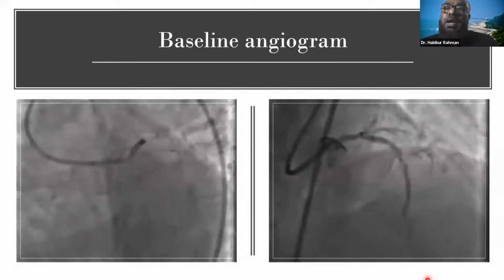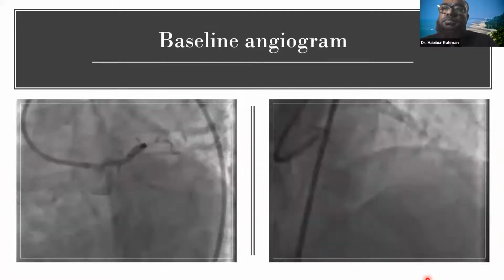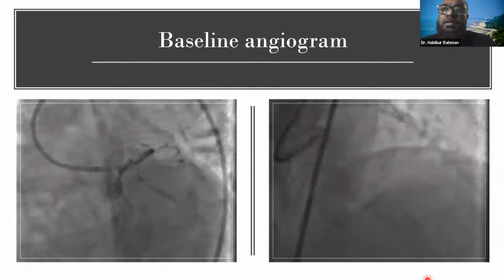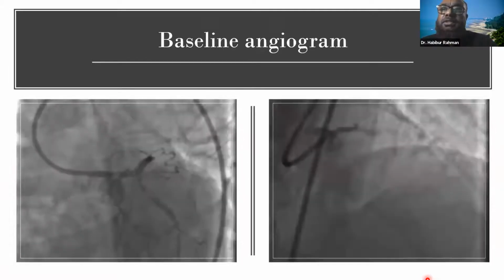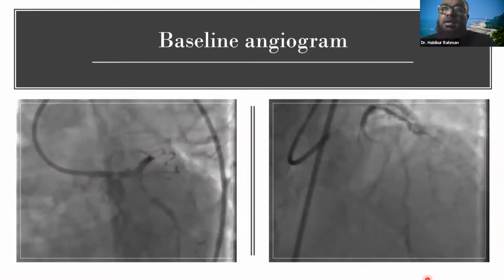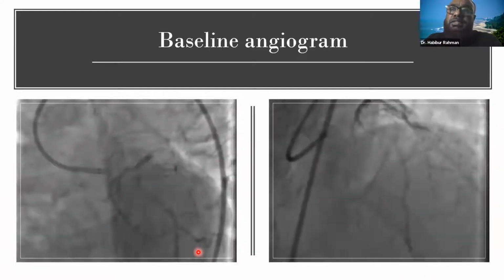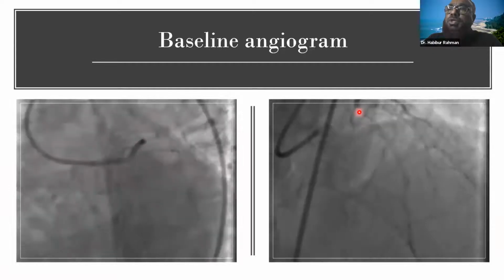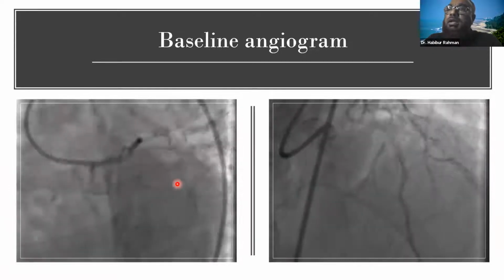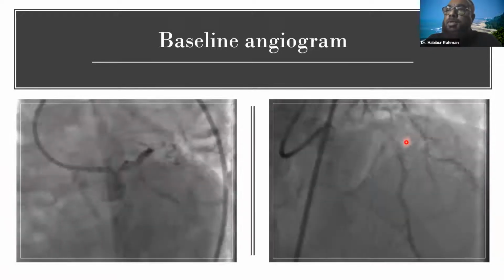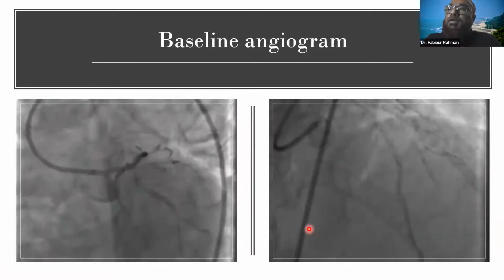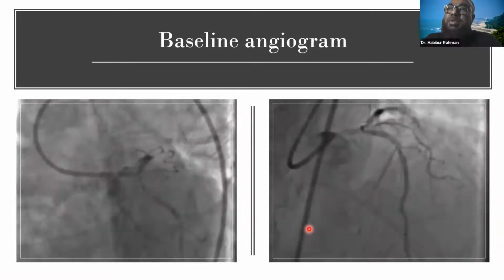So the baseline angiogram shows the distal left main is diseased and severe disease in the proximal LCX, including ostia, and also involving ostial LAD and also the mid part of the LAD, which are all good size vessels.